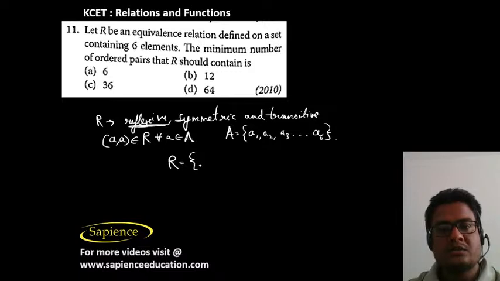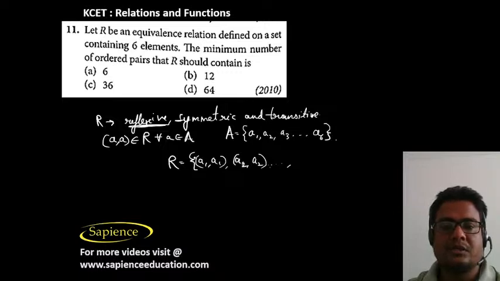So R should contain (A1, A1), (A2, A2), and till (A6, A6). Every element should be related to itself under the relation R. Then only it will be called reflexive. So 6 ordered pairs it should have at least.